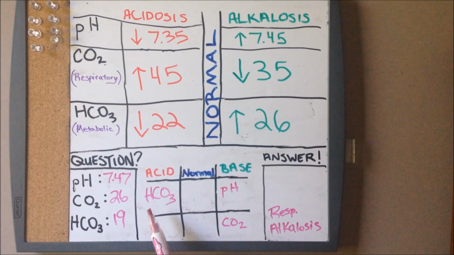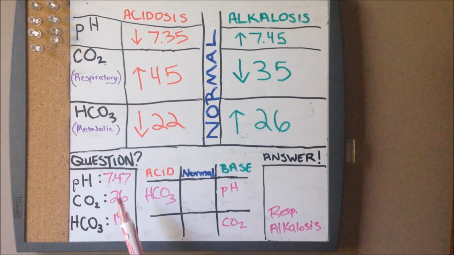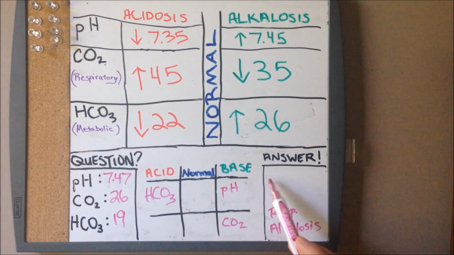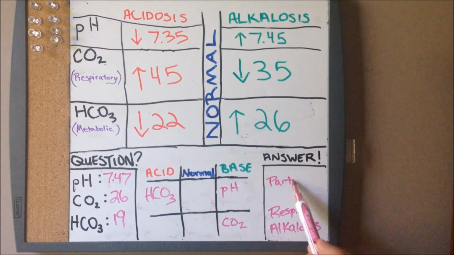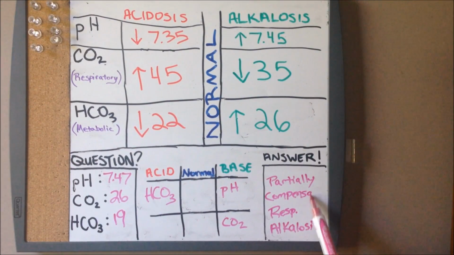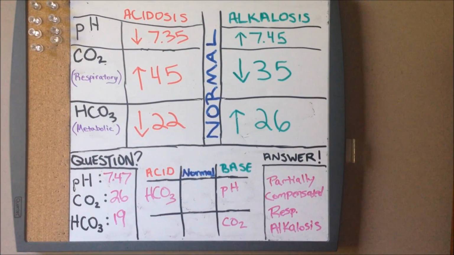So the kidneys get rid of bicarbonate, allowing for more free hydrogen ions to try and counteract or compensate for this high pH value. So what we call this, and what you will call it on your tests, is partially compensated respiratory alkalosis. Let's move on to the next question and give you a better understanding of these complex problems.